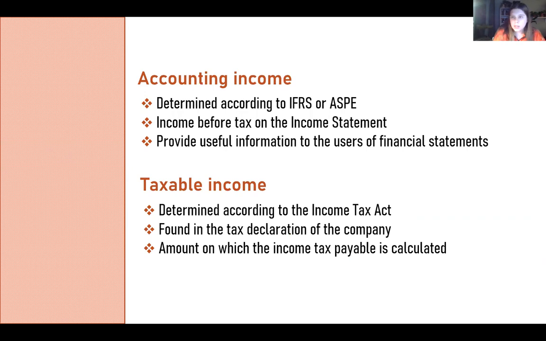And taxable income is the new income here, especially if you haven't done ACCO320. It's determined according to the Income Tax Act. It's found in the tax declaration of the company. And the taxable income is actually the base for the amount of taxes that you're going to pay back to the government during the year.